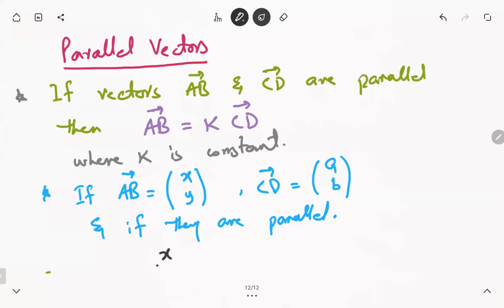So x ratio A will be equal to y ratio B. So ratios of their x component and the ratio of y components will be equal. So overall you can say both are proportional.